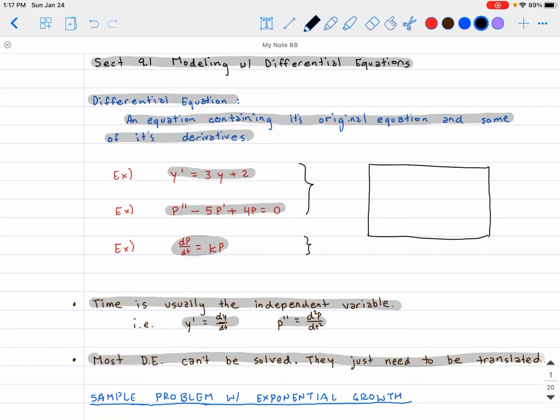In terms of how many of them you can solve by the end of your math career, most likely it's going to be about this much right here. So it's going to be that little small dot amount. Okay. And it's not to make you feel bad or anything, but that's just the reality of things.